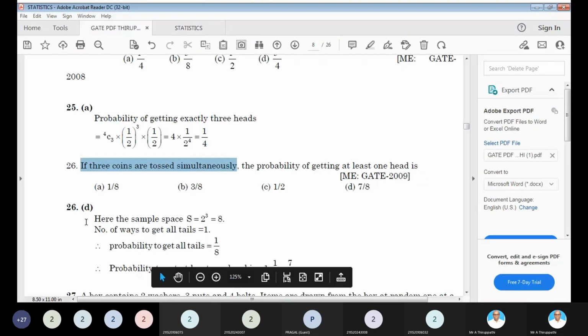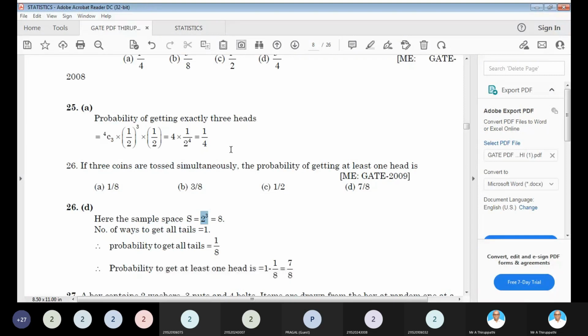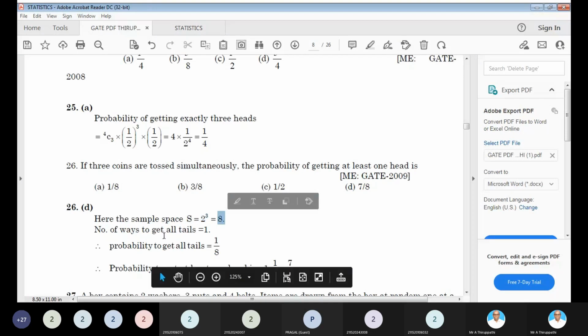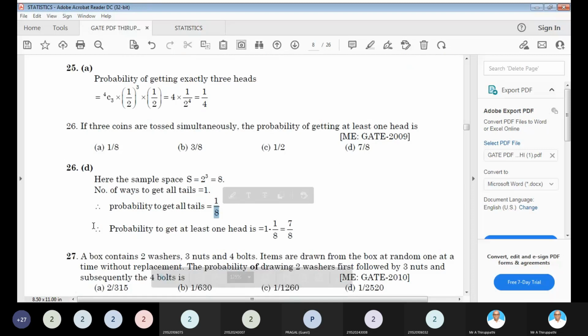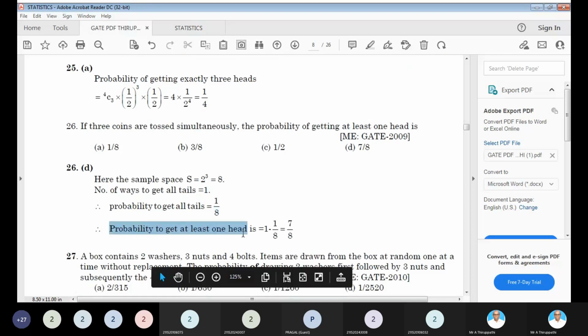Now the sample space is 2 to the power 3, since the tosses are independent and each probability is 1 by 2, so 2 to the power 3 is equal to 8. The number of ways of getting all tails is 1, so the probability of getting all tails is 1 by 8. Now the probability of getting at least one head is 1 minus 1 by 8, which is 7 by 8.